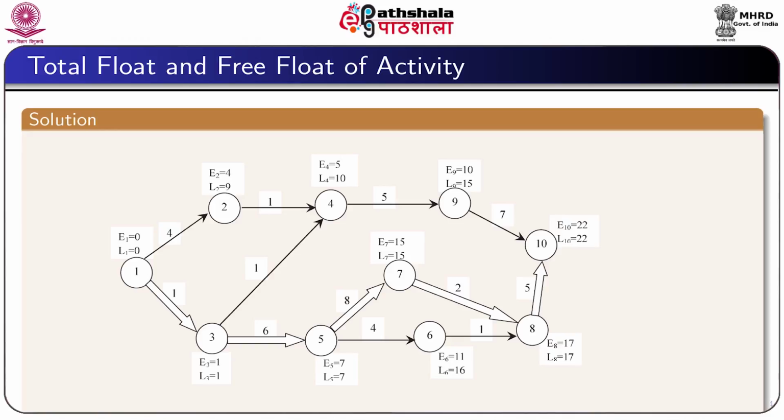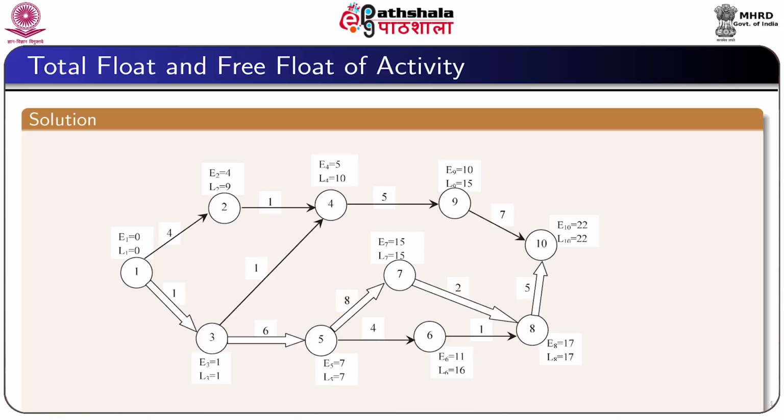Now, the diagram shown in the slide shows that the critical path is 1, 3, 5, 7, 8 and 10, and this critical path is obtained from the backward pass and forward pass computations.